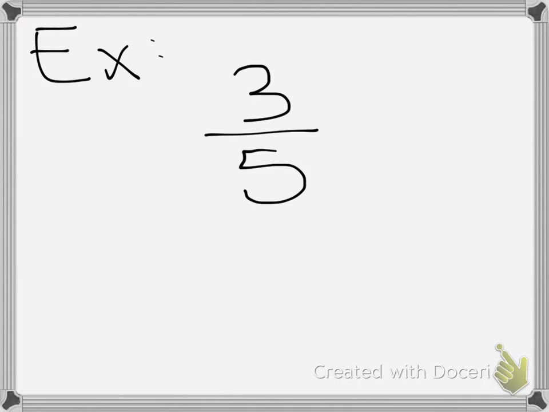So what we have here is 3/5. 3/5 is a fraction, and we need to change it to a decimal. I like to put my visual descriptors like N over D, so I remember what the 3 and the 5 are.